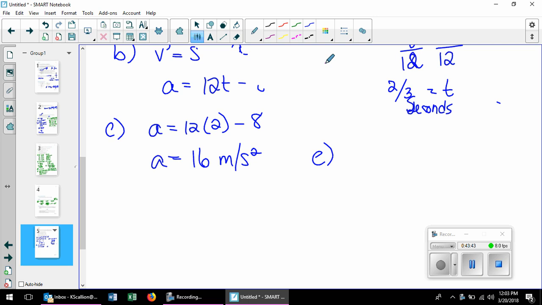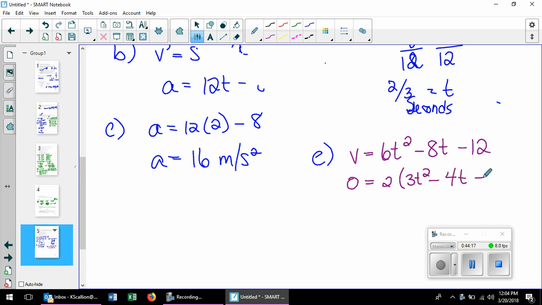So what's the critical point that I need? B is 0. I think we figured that out. You just factor what you got. I can take a 2 out, so 3t squared minus 4t minus 6.